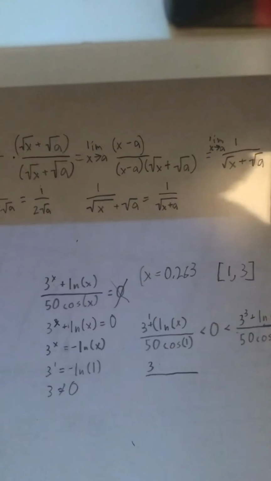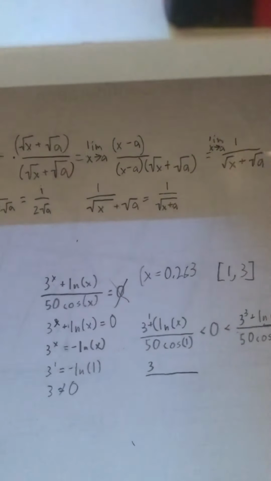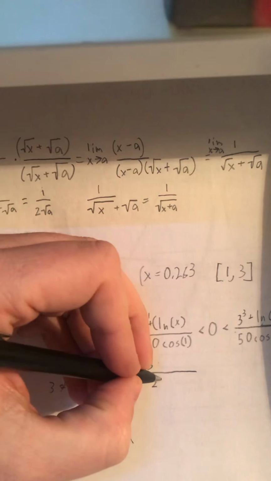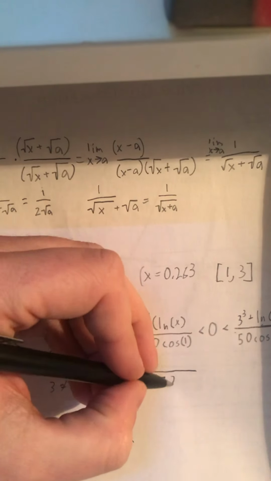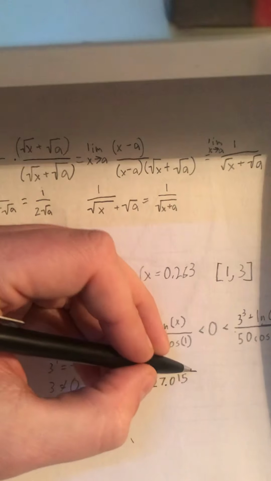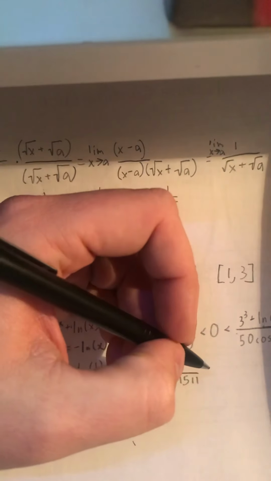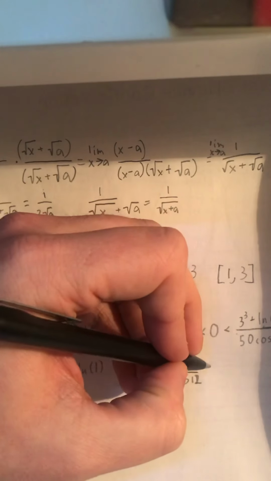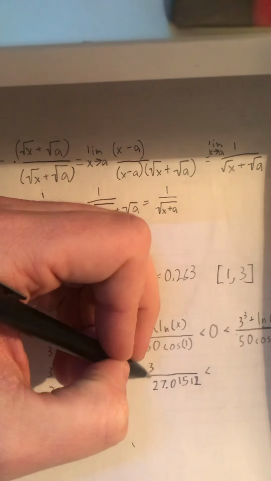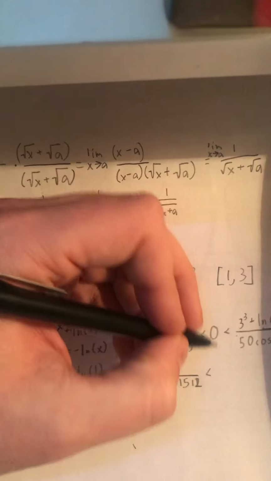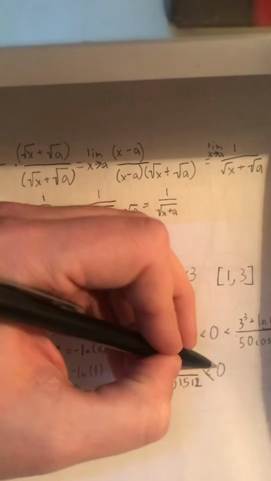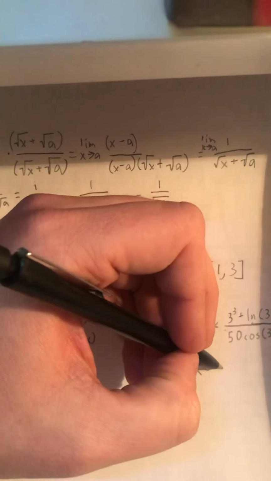Let's just make that times 50 because I hate fractions. 50 cosine 1. There we go. Wow. This comes out to roughly 27.01511. Actually 12 if we're going to split hairs, which is definitely not zero. It's definitely not less than 0, so that's just malarkey right there.